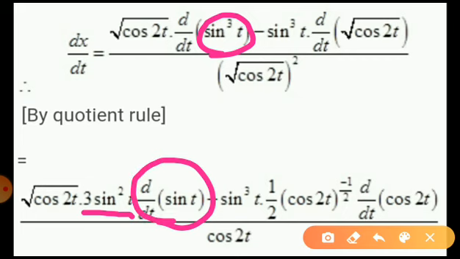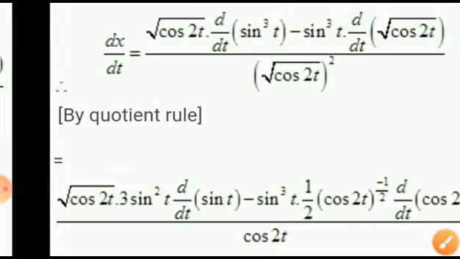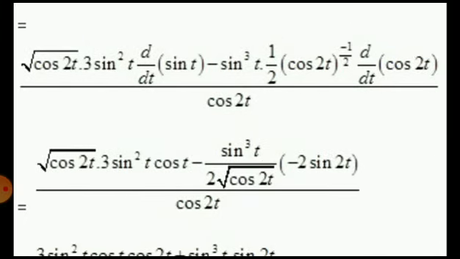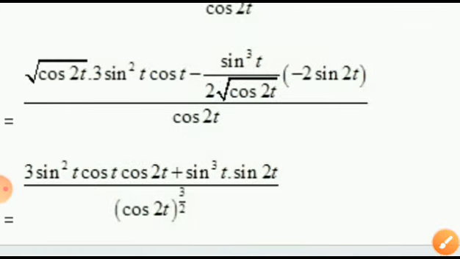Then this as it is, again derivative of root of cos 2t. Derivative of root x is 1 by 2 root x, so make use of that rule here. Again it is not standard form, so it should be multiplied with the derivative of cos 2t. So simplify it and you'll get this.